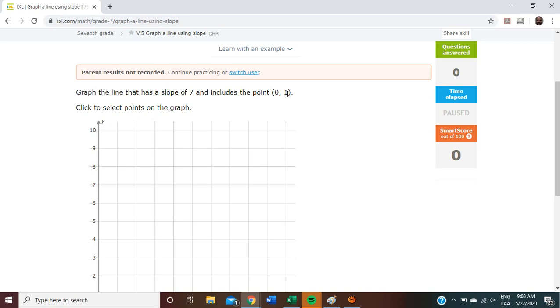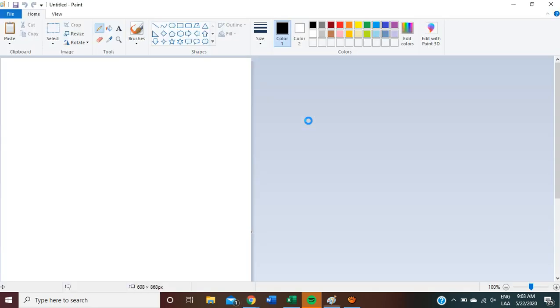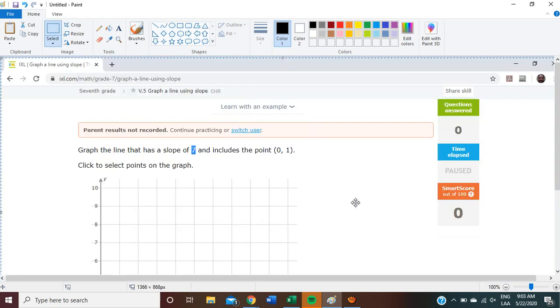So you are going to convert this to a fraction. How are you going to do that? Very simple. 7 is going to be 7 divided by 1. Do we agree on this? Whenever you see a whole number, you're going to convert it to a fraction.